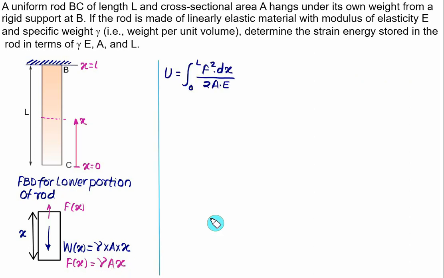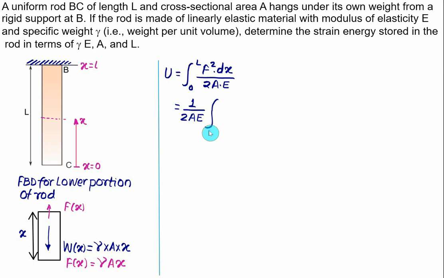So total strain energy you can calculate again in the form of an integral equation from 0 to L of F square dx divided by 2 times area divided by modulus E. This value of F is gamma into A into x. Area is constant here, modulus is constant, that can be taken outside. So we have 1 upon 2 times area, and modulus E, taken outside.